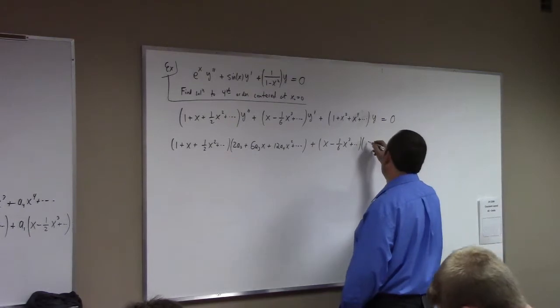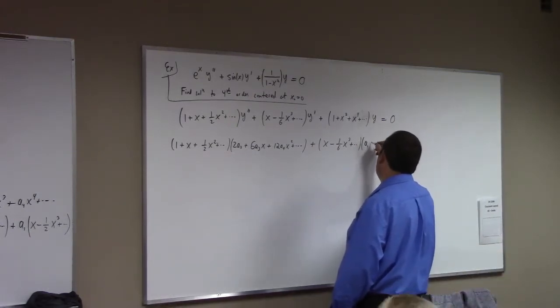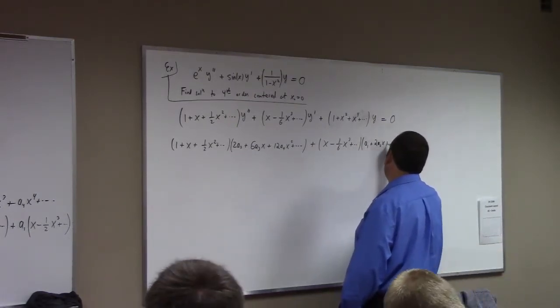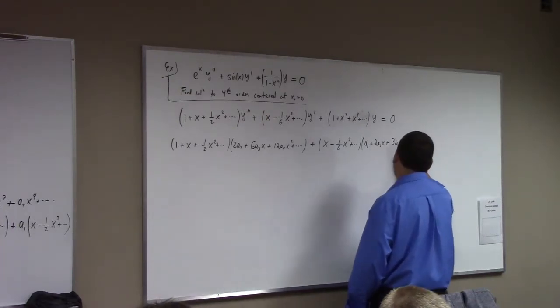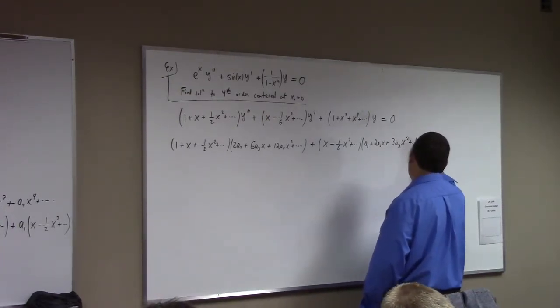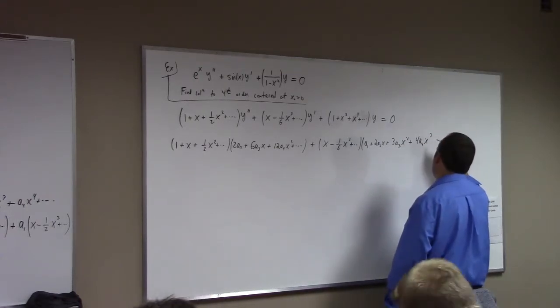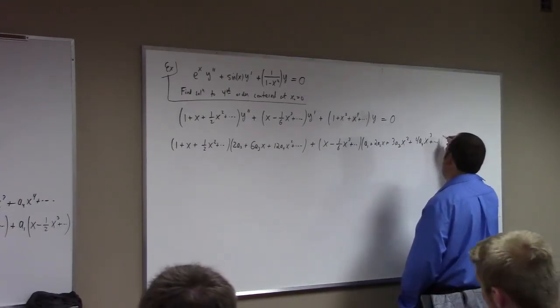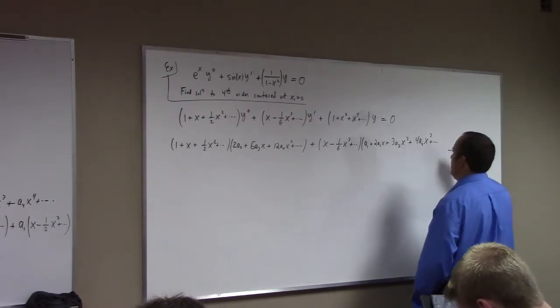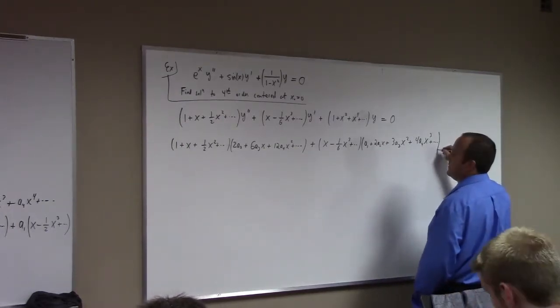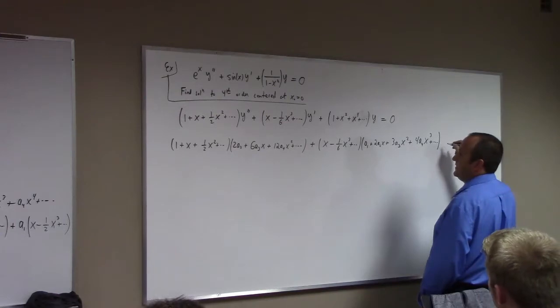It's a1 plus 2a2x plus 3a3x squared plus 4a4x cubed. I probably don't need all this, but 4a4x cubed. That might be enough for me. I'm going to stop there. You know, you can always add more terms in later if you find out you need them.